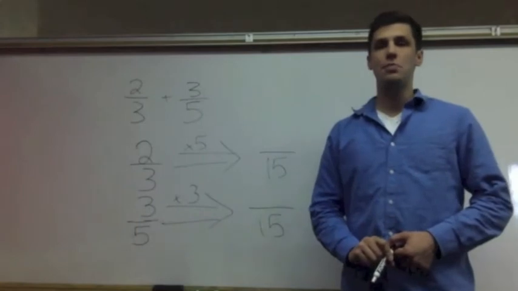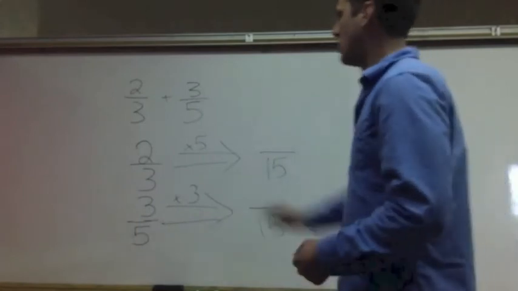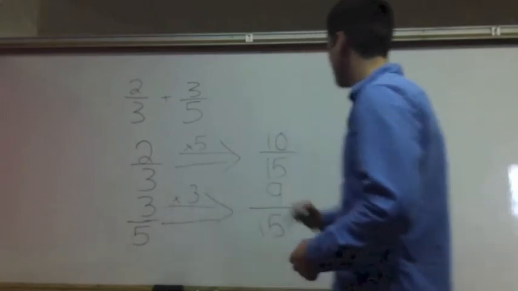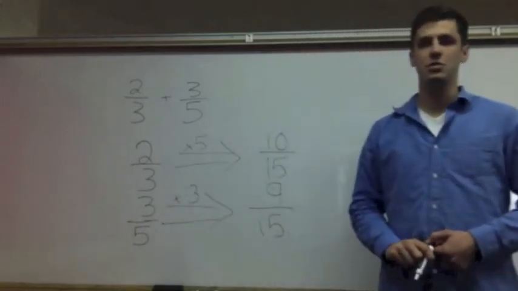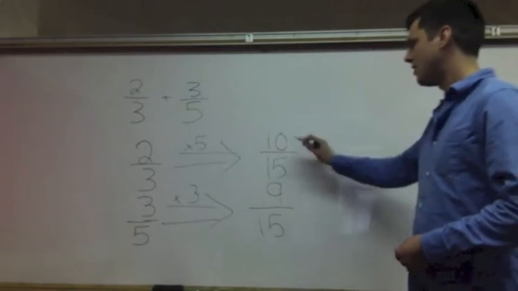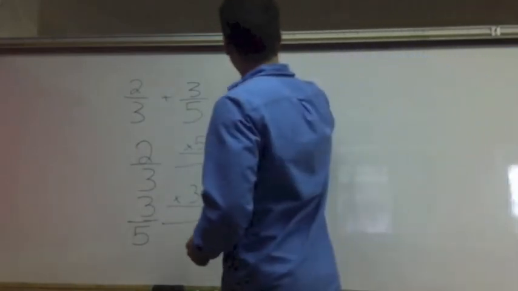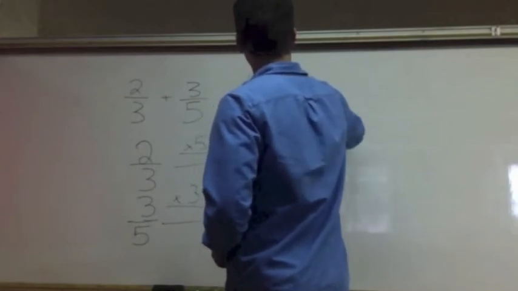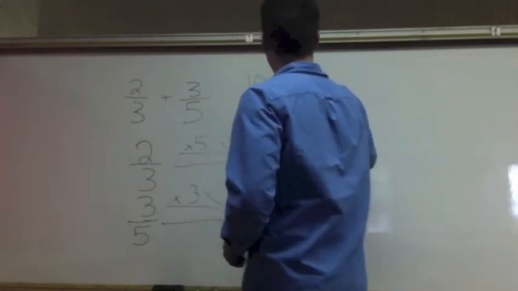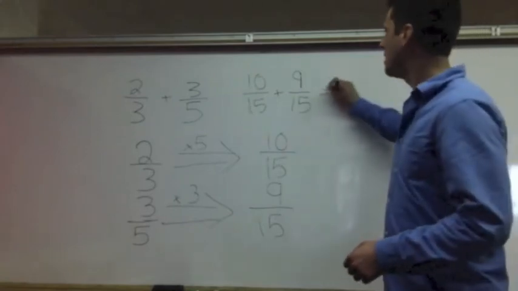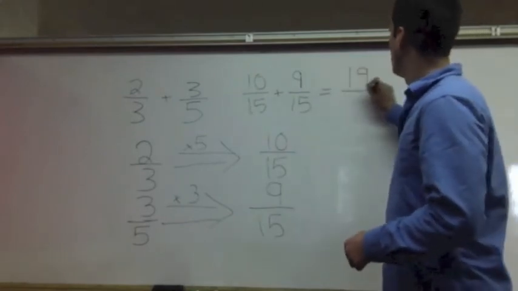Whatever you do to the bottom, you also have to do to the top. So 2 times 5 is 10, and 3 times 3 is 9. And now we have two fractions with the same denominator, 10/15 and 9/15, which gives us our new problem. 10/15 plus 9/15 will equal 19/15.